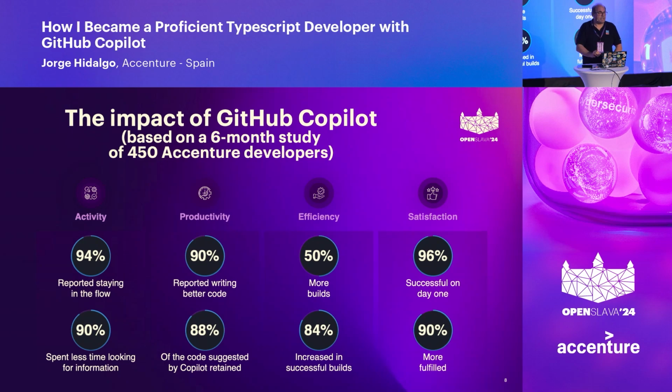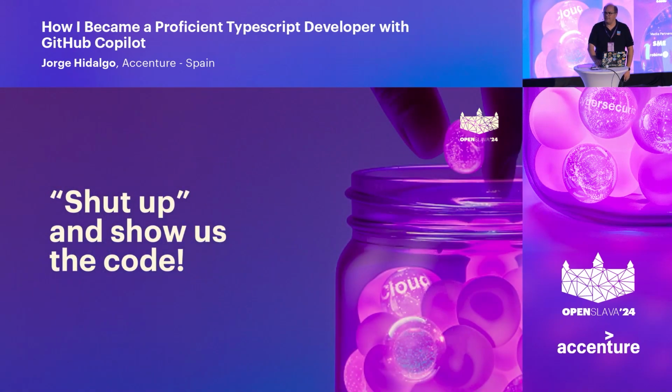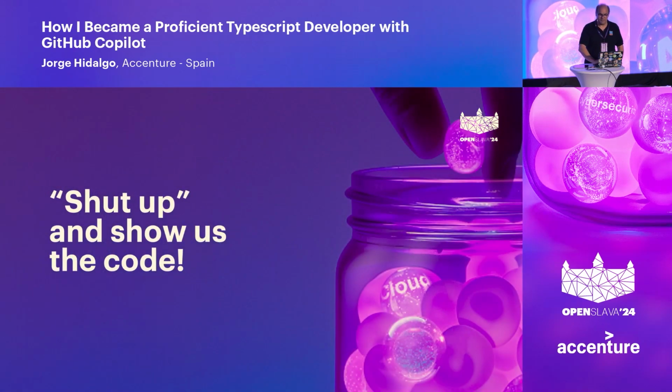So 88% of the code suggestions were retained in the final commit. Yes, there are still a number of things that the tool is not solving. But if it can help us with those 88%, which is probably the boring code, repetitive code, the things that we are doing over and over again, that's great, okay? So I just wanted to share a few figures, but now let's go into what we came for today, okay?